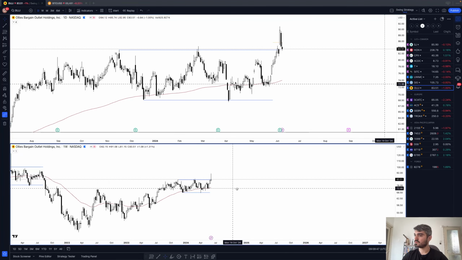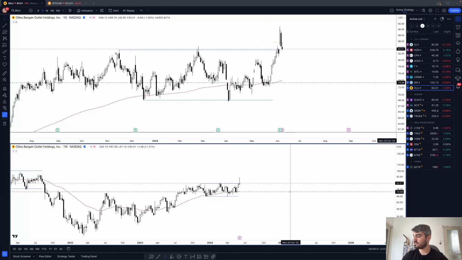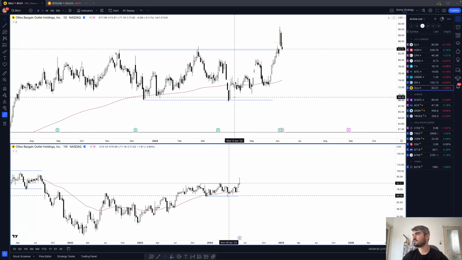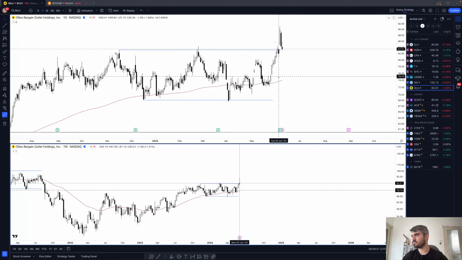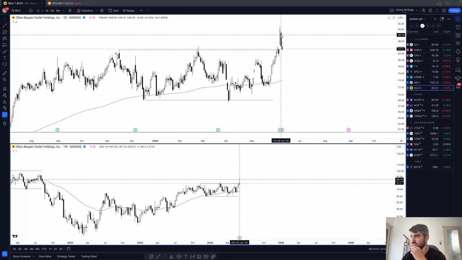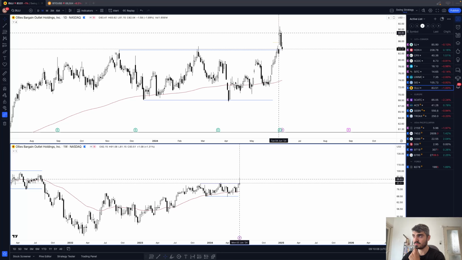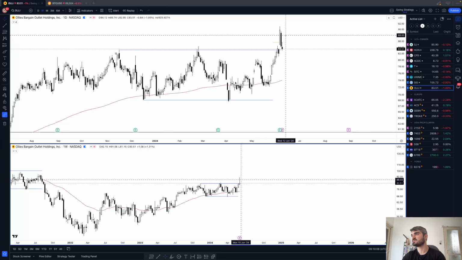Okay, guys, I want to touch on this. 1, 2, 3, 4. Okay, it's a rectangle by definition. Very strong move to the breakout. Okay, price action leading to the breakout, but we have a clear 2-bar reversal.